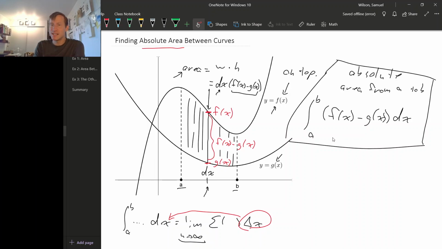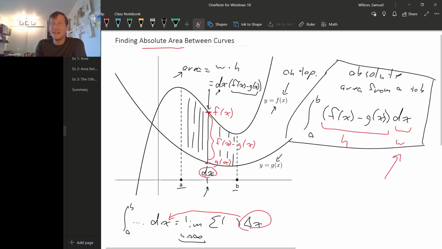But the general idea here is that inside this integral is just the area of a single strip, the height times the width. One interesting thing about thinking of areas this way is that the differential shows up in a completely natural way. The differential isn't just something you tack onto the end because I said you had to. It is there because it is the width of this rectangle.